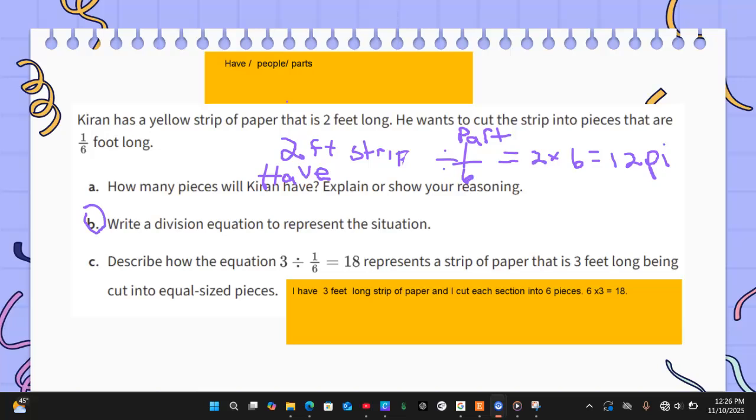Again, you have a 3-foot long strip of paper, and you cut each section into 6 pieces.